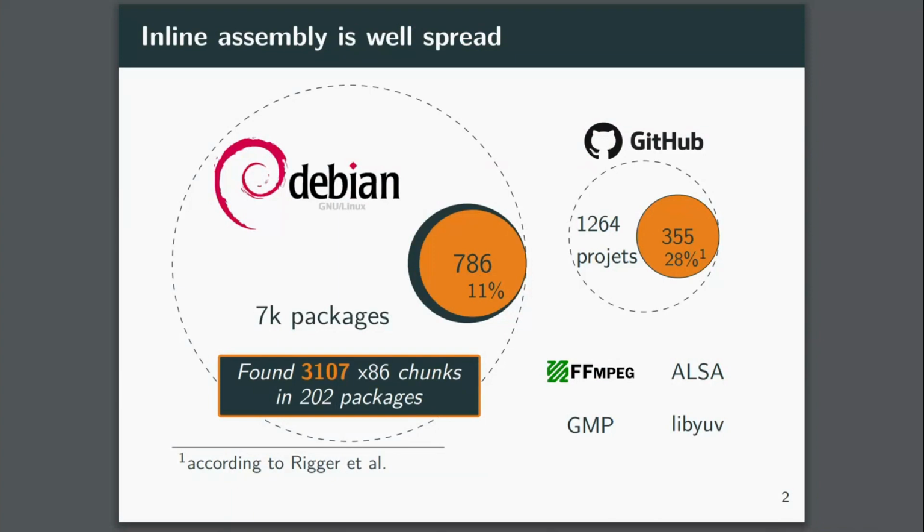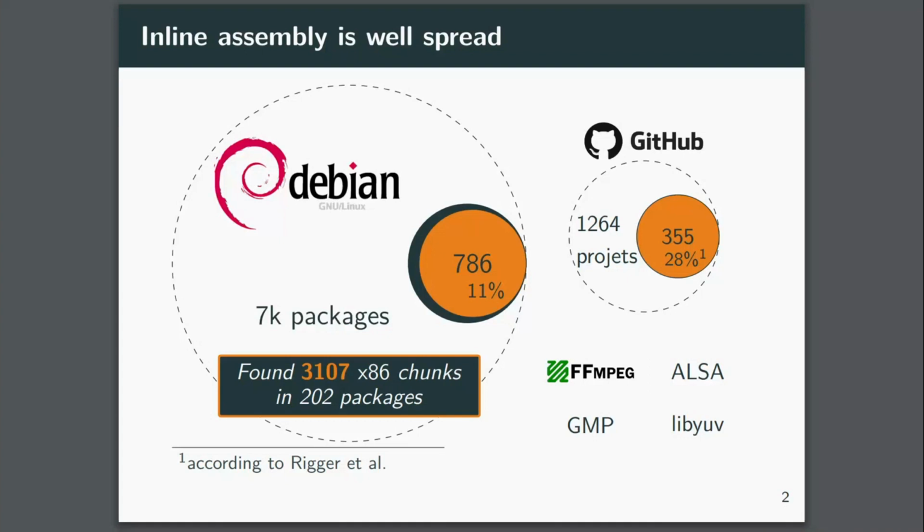We focused on inline assembly because we figured out that it is a widespread practice in software development. For instance, we identified that more than 10% of the packages written in C in the Debian distribution contain inline assembly. Another study by Rieger et al. has shown that more than a quarter of projects from GitHub written in C also contain inline assembly.